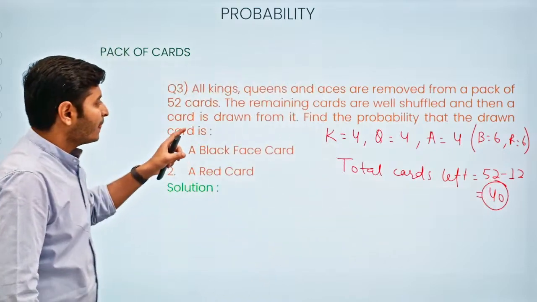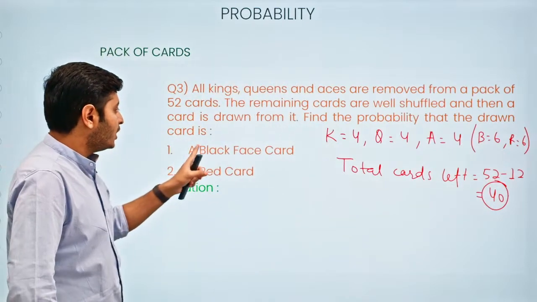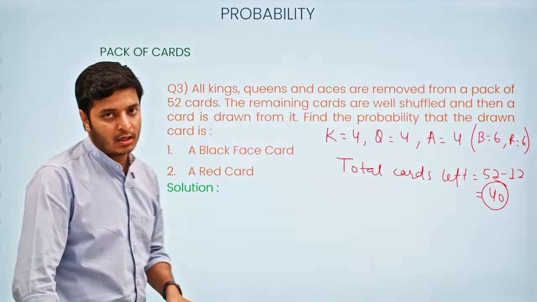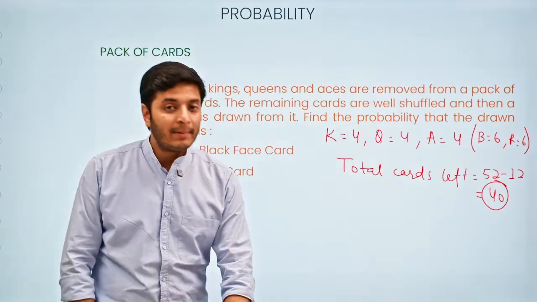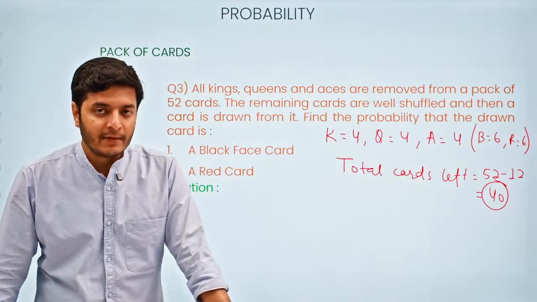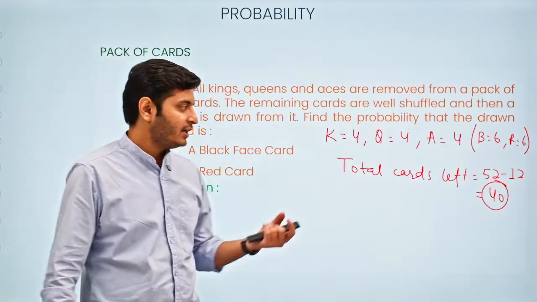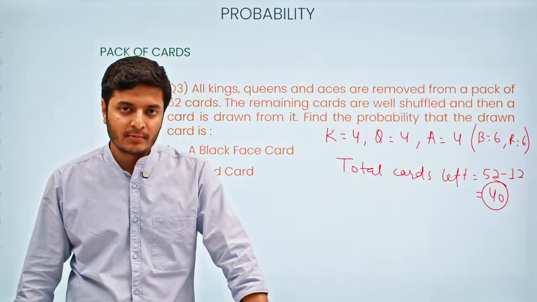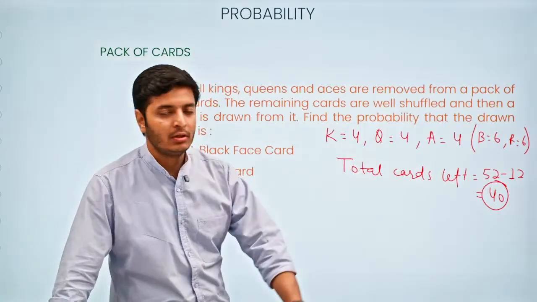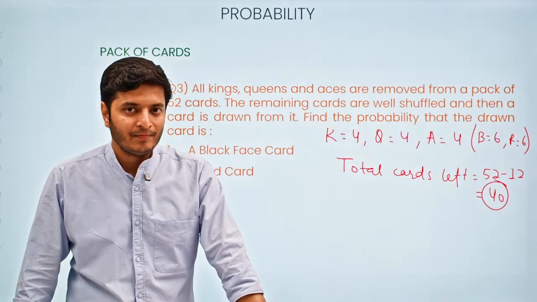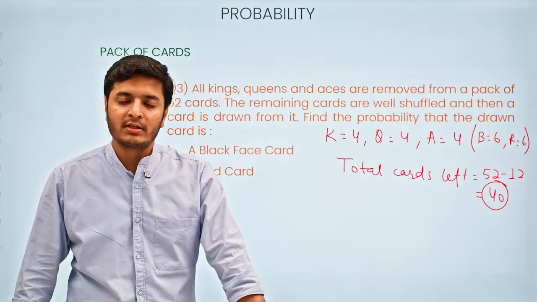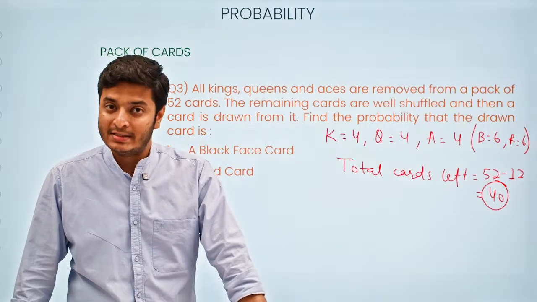This also you need to keep in mind. Now, find the probability that the drawn card is a black face card. How many face cards are there? 12. Why 12? Because it can be king, queen or jacks. But we already removed queens and kings. So only the type of face card that is left in the deck is jacks.